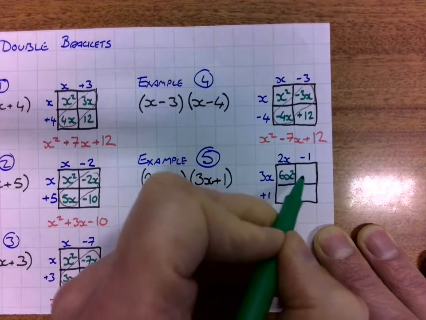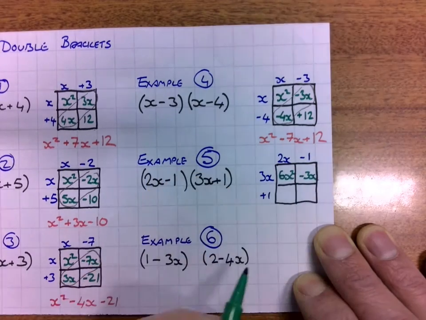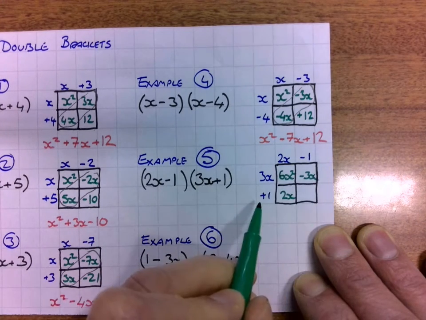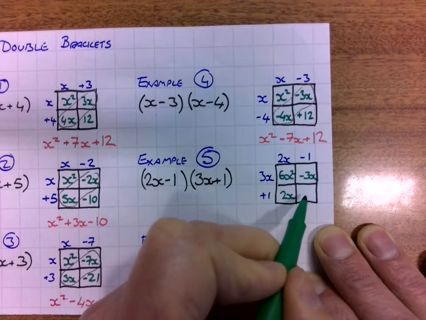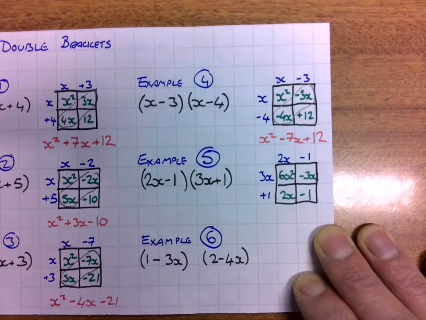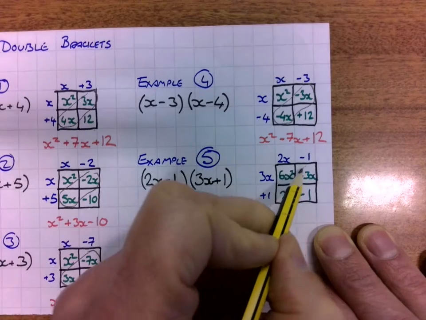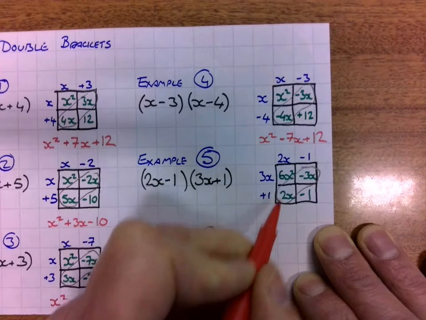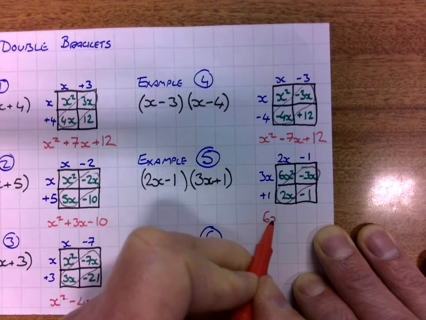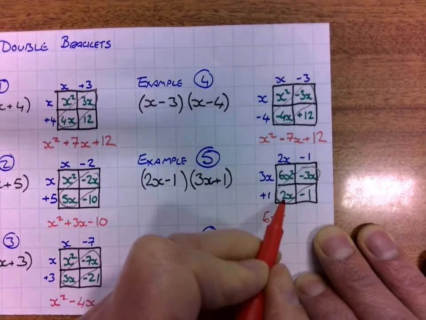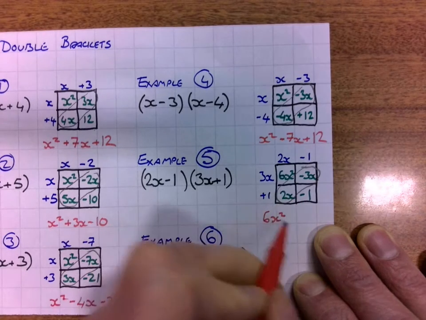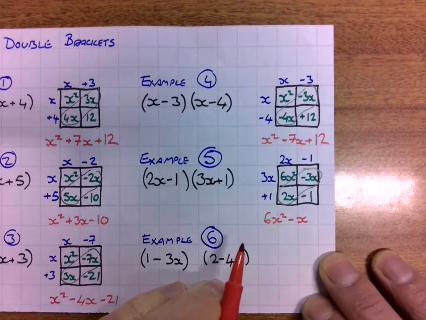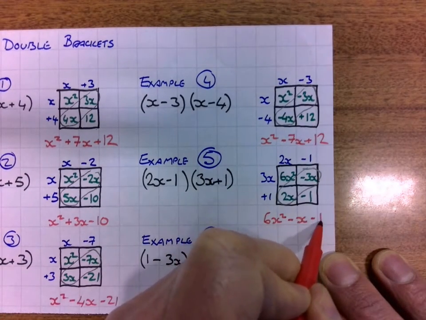Minus 1 times 3x is minus 3x, plus 1 times 2x is just 2x, and minus 1 times plus 1 is going to give me minus 1. So we'll draw a sock to bring everything together, so we collect our like terms. So I've got 6x squareds, I've got 2x's take away 3x's is minus x, so minus 1x, but I don't write 1, and then the minus 1 on its own.